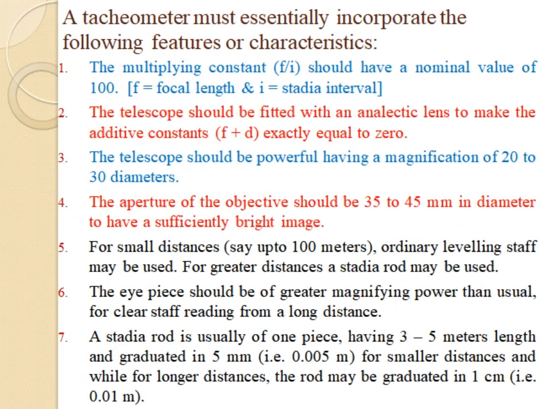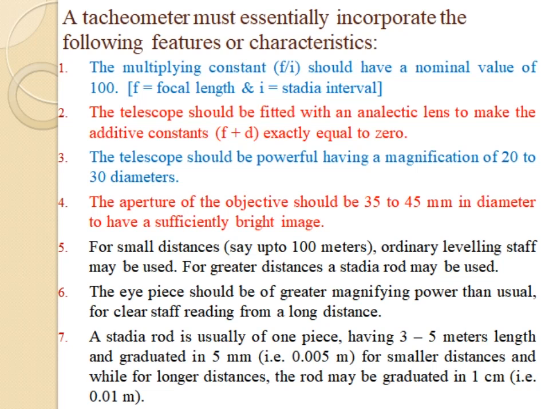A tachometer must essentially incorporate the following features. Remember that for a tachometer having the multiplying constant, if you provide a stadia diaphragm and analytical lens, then that multiplying constant f upon i is denoted, and its value is 100, where f is the focal length and i is the stadia interval.